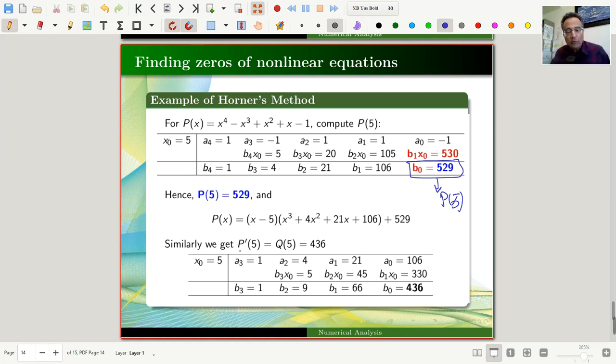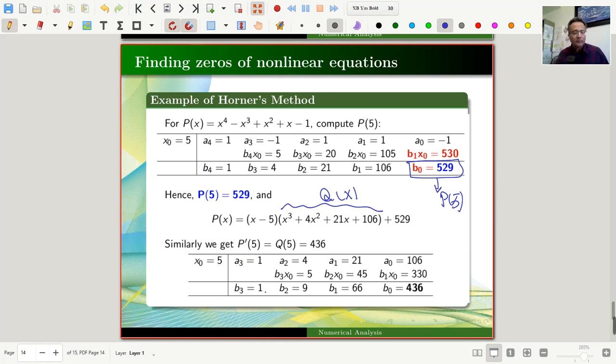Okay, so you have to draw another table and put x0 equal to 5 here, and you have to put the coefficients of q of x. This is q of x. So the coefficient of x3 is 1, the coefficient of x2 is 4, then 21, and 106.